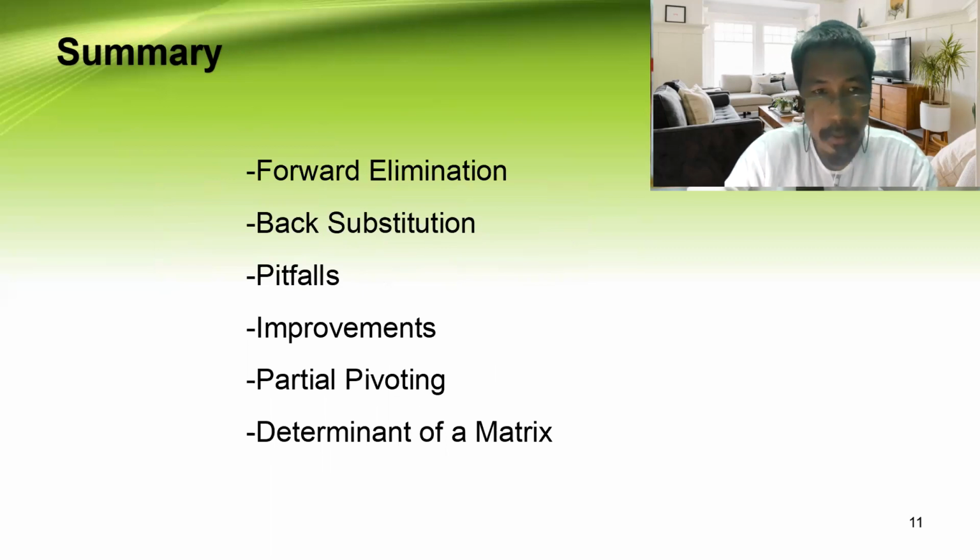We were able to discuss all about Gaussian elimination, its forward elimination process, the backward substitution process, the notable pitfalls that should be avoided, the improvements that we incorporated, particularly the partial pivoting, and lastly, the determination of the determinant, finding out the determinant of the matrix, which is just the determinant of the upper triangular matrix.